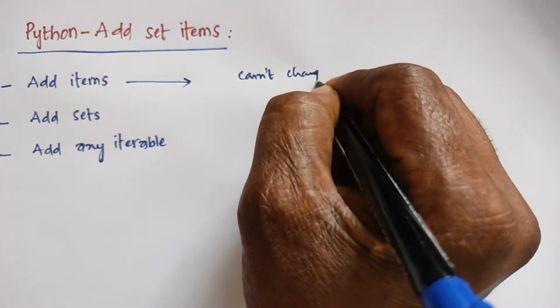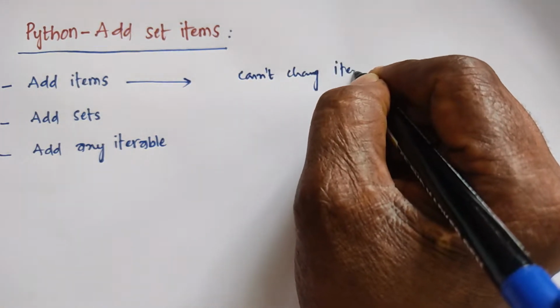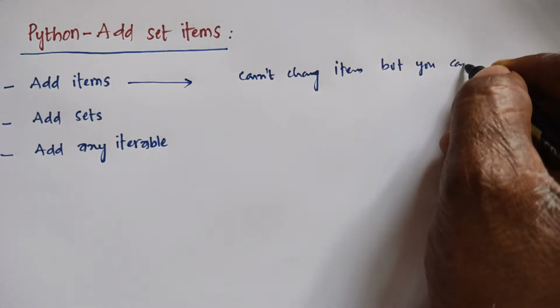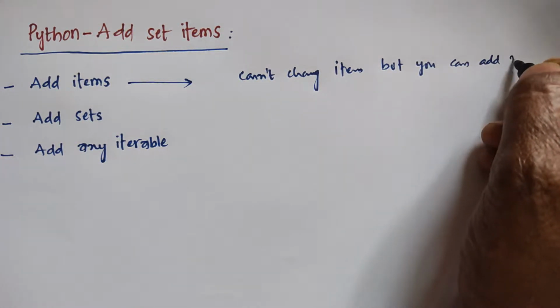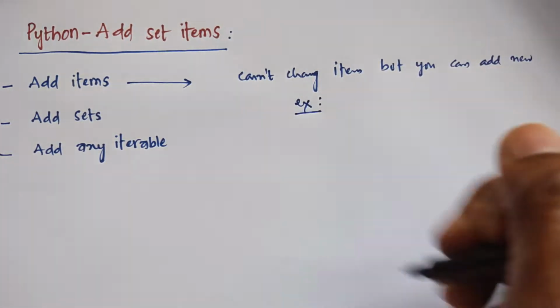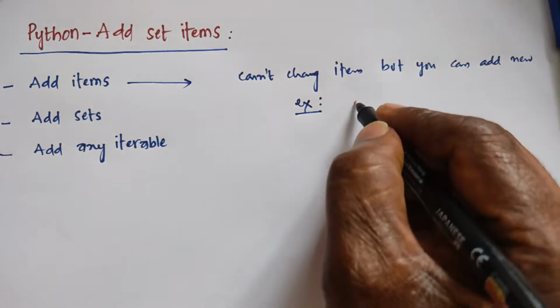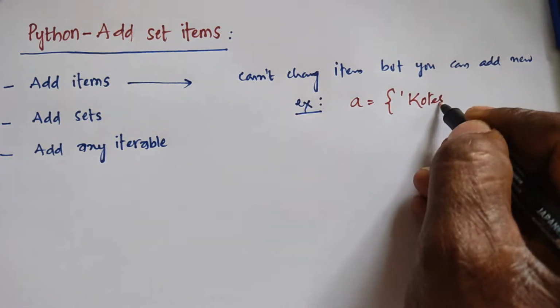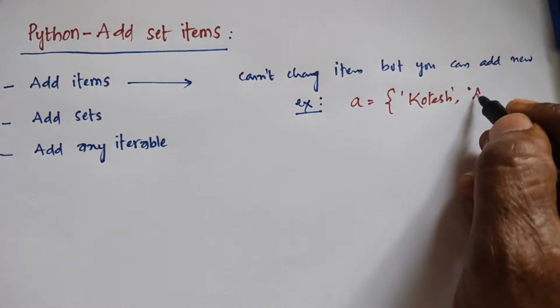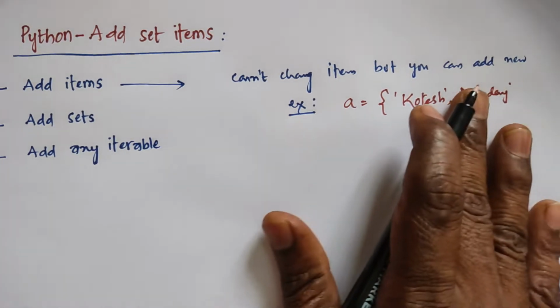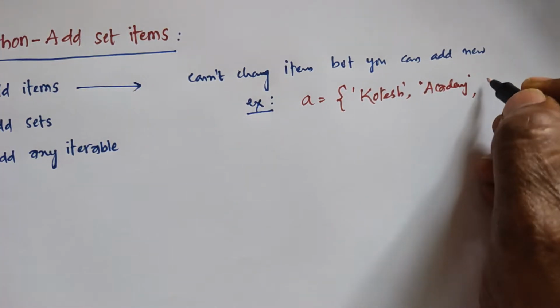For example, we simply write A is equal to, in quotation, academy and project.